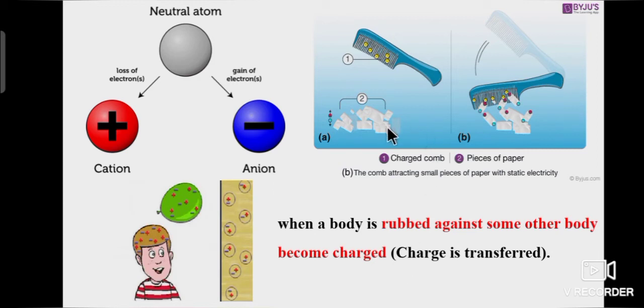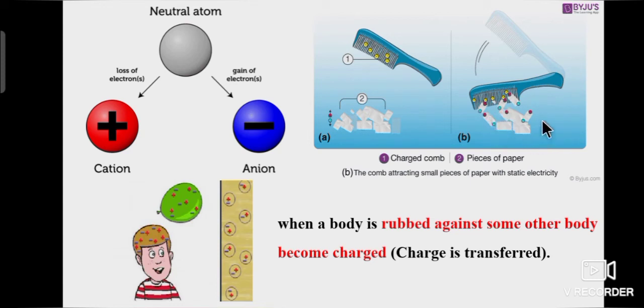See the picture. The comb attracting small pieces of paper with static electricity. First step, you are charging the comb. That is, you are rubbing the comb with your hair. Then, you move the comb near the pieces of paper.